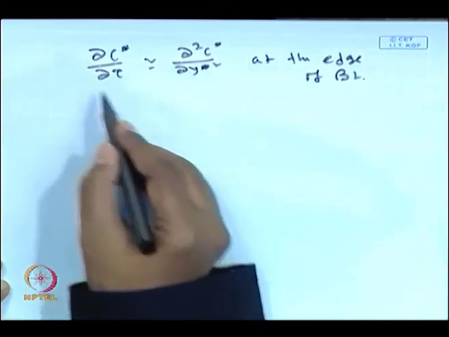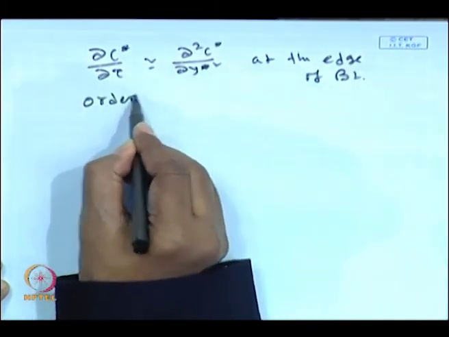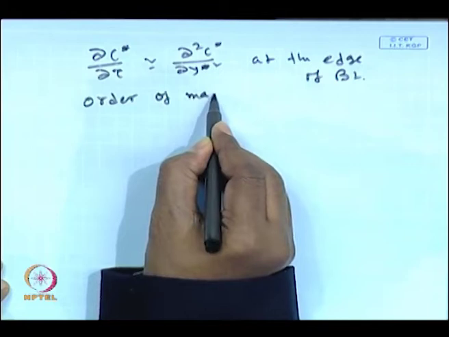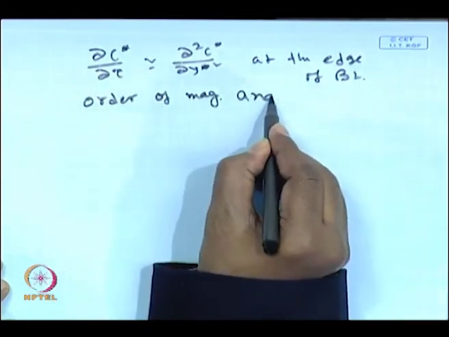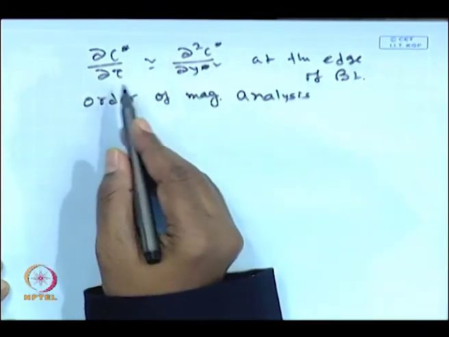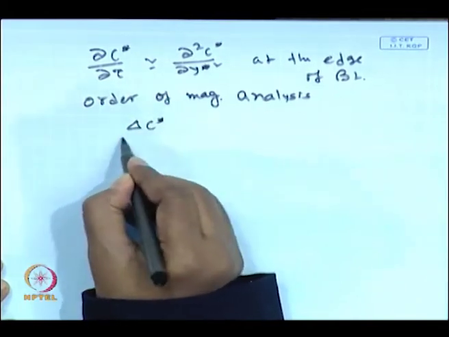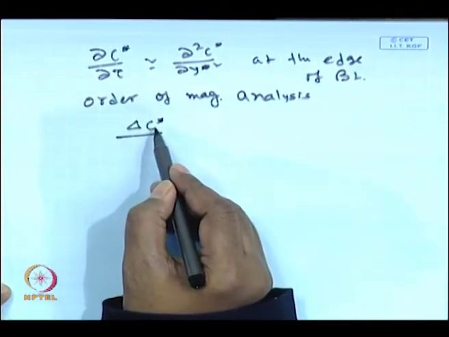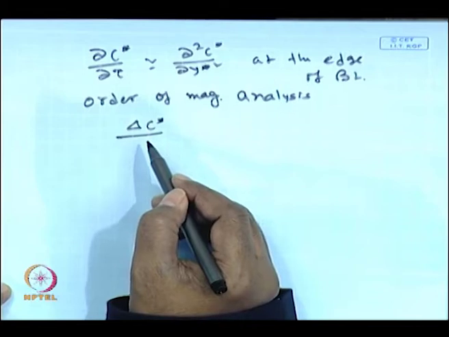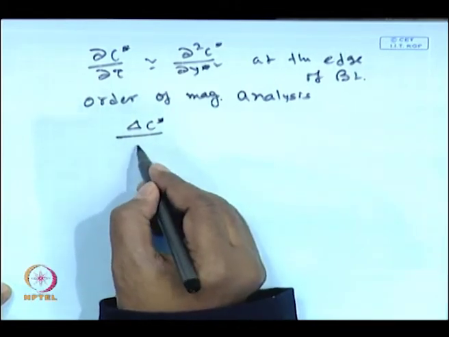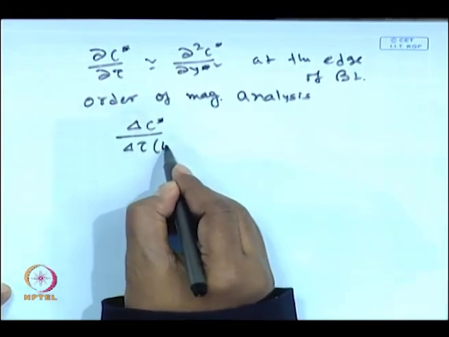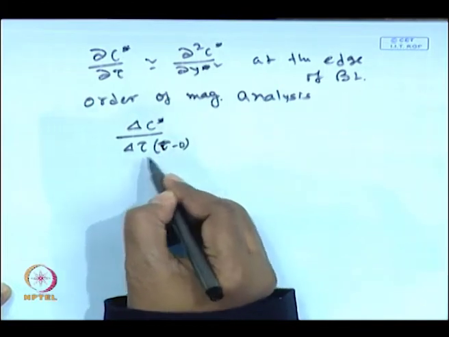Now do an order of magnitude analysis as earlier. Del C star is written as delta C star, and this change in C star occurs within the time tau from the beginning. So delta tau will be nothing but tau minus 0, which becomes tau.